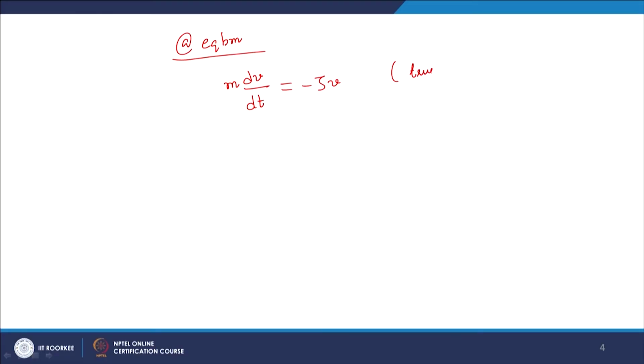So, at equilibrium, assuming that we do not consider the thermal forces yet, we have this relation which is true for large particles when the effect of thermal fluctuation is negligible.